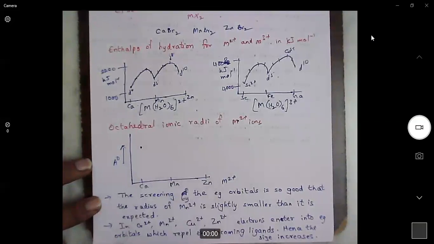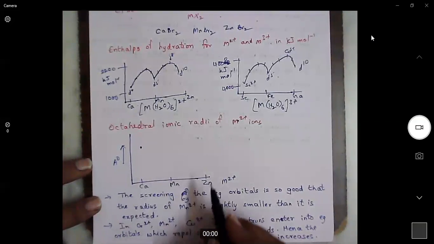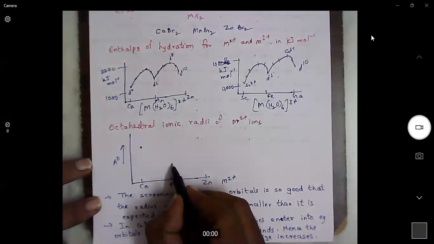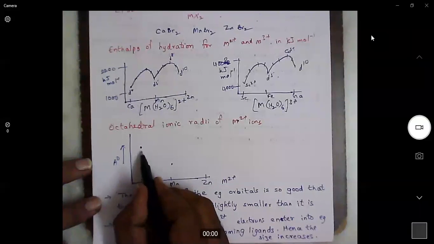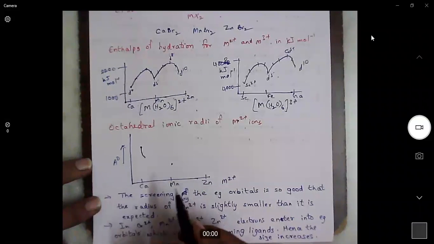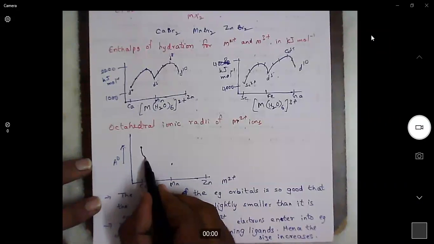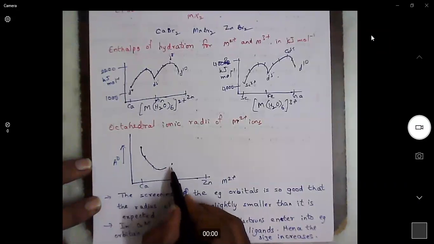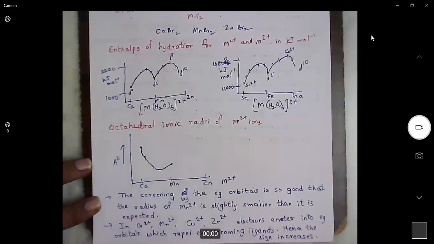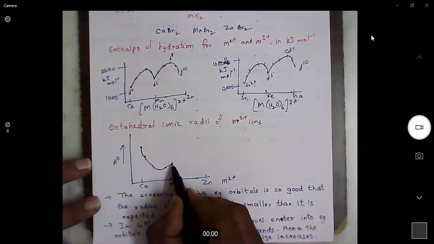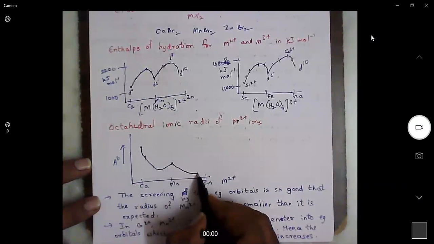For calcium, the radius is very high, then it will decrease for scandium, titanium, vanadium, then it will increase up to manganese, then again it will decrease and it will increase up to zinc.